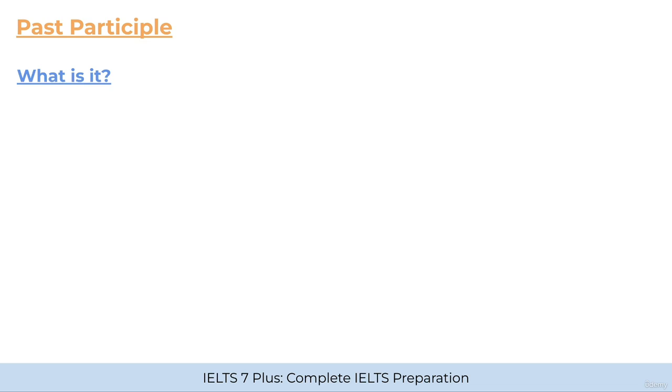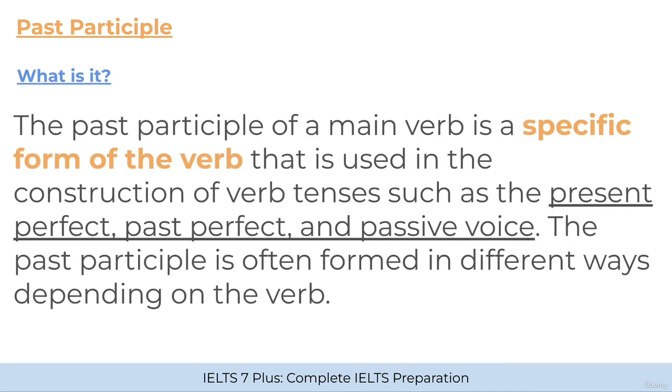Okay, what is the past participle? Well, the past participle of the main verb is a form of the verb, and it's used in tenses like the present perfect, like we're looking at, the past perfect, and also the passive voice. And it's formed in different ways depending on the verb.